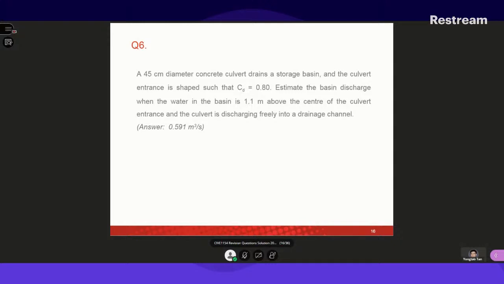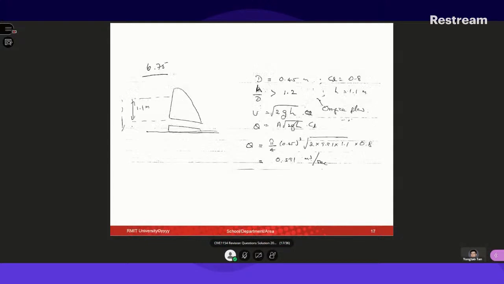So we can consider it freely discharged into a drainage channel, and actually it is orifice flow. That means we use the type 3 equations, and so we can get the flow rate, the discharge rate of this cover.